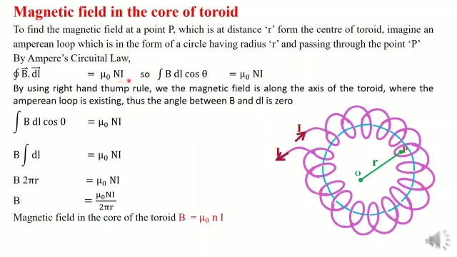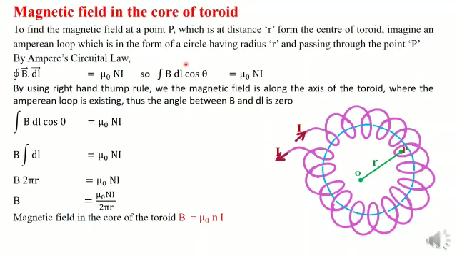Since the Amperian loop has only one part, the closed integral can be replaced by the ordinary integral, and the dot product can be replaced by cos theta, where theta is the angle between B and dl. So the expression becomes integral B dl cos theta equals mu 0 N I.